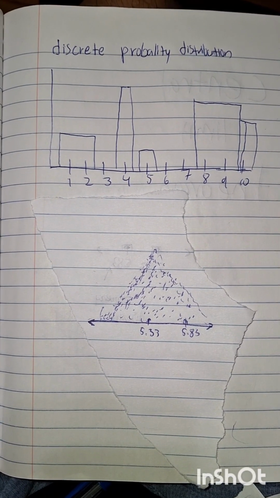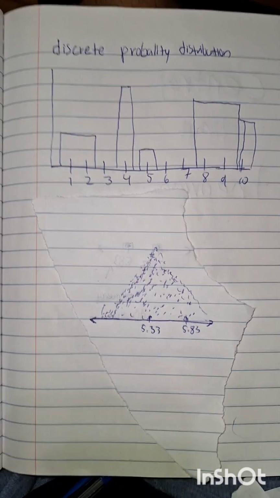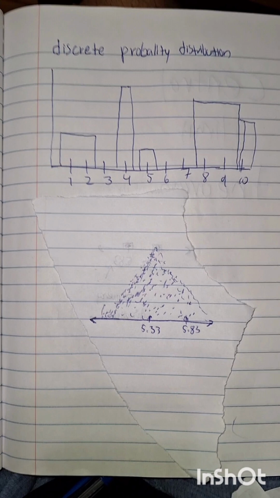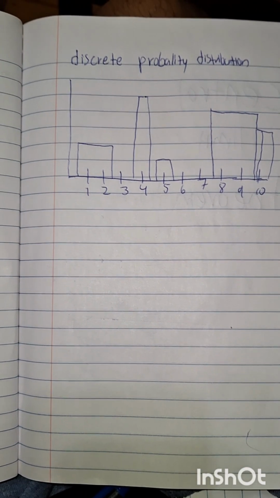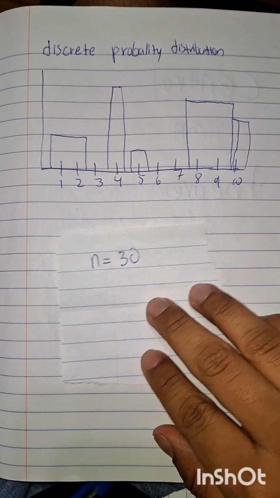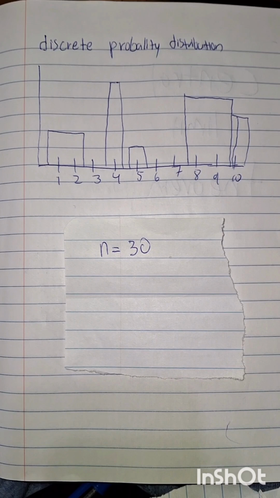So this looks good. This is a normal distribution, but let's make it closer to a normal distribution. How do we do that? Well, it turns out that if we increase the number of samples that we had, remember we had 6, but let's say we turn it to 30. That means that instead of selecting 6 students out of the 100, we selected 30 students out of the 100 and recorded their test scores. So we select our 30 students, and we do the same process again.